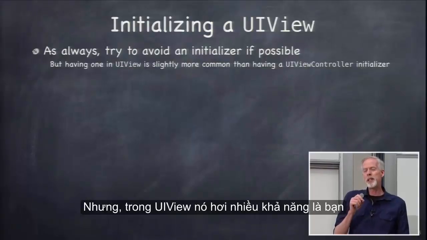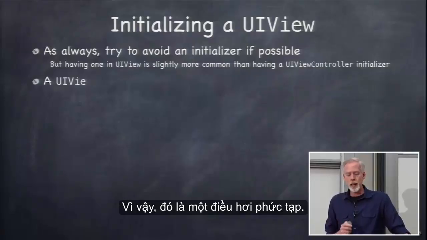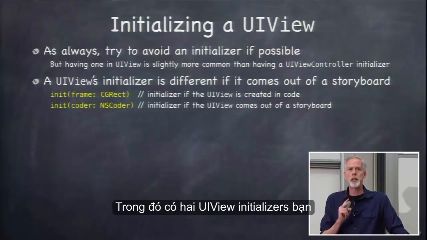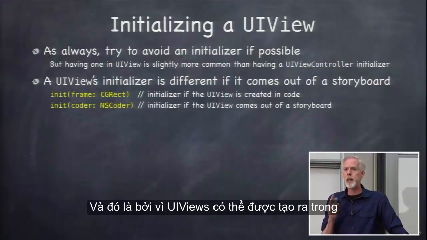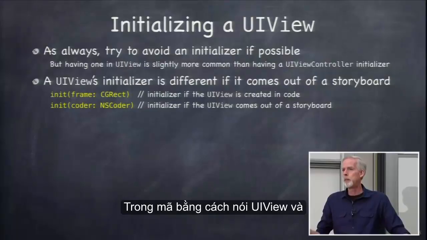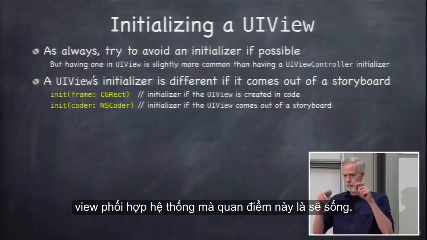But in UIView, it's actually slightly more likely that you might want to have an initializer. So it's a slightly complicated thing, only slightly, in that UIView has two initializers that you have to deal with. And that's because UIViews can be created in two different ways. In code, by just saying UIView and this frame initializer, which is just the frame in the superview coordinate system where this view is going to live.